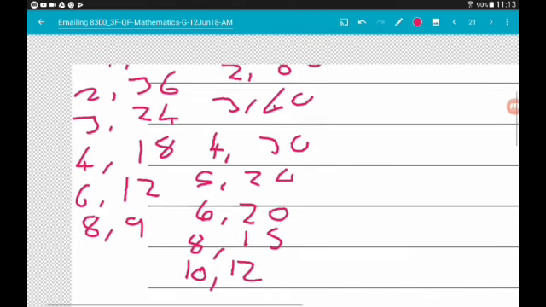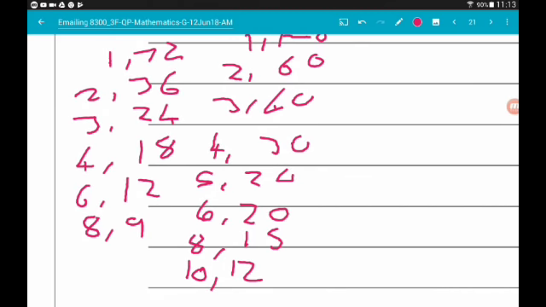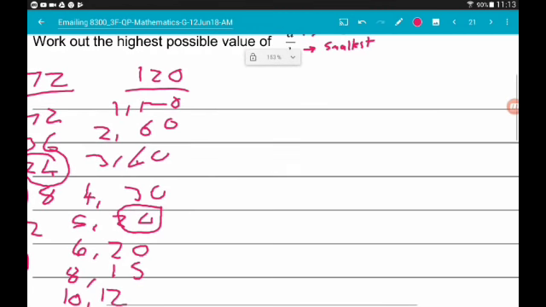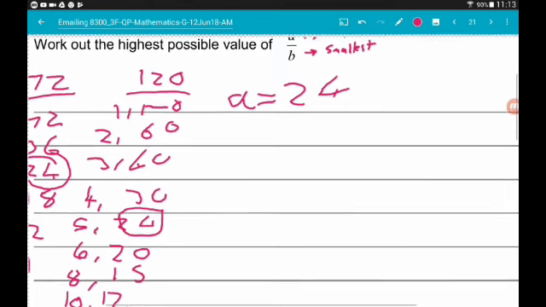Okay, so the highest common factor there is 24. So we got 24 there and 24 there. So from that, we're going to say, well, A is 24.